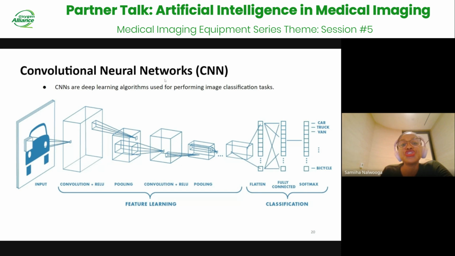Convolutional neural networks have different layers. One of them is called the convolutional layer. The name convolutional neural networks is derived from this layer. This is the input, which is the image, and what does the convolutional layer do? Let's imagine it as a scanner that moves across the image piece by piece.